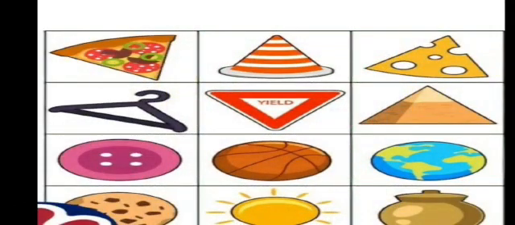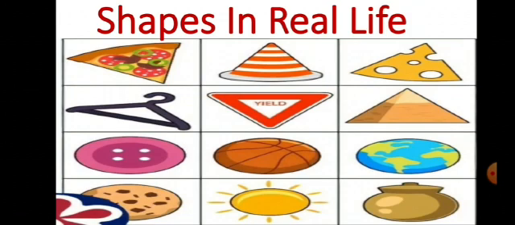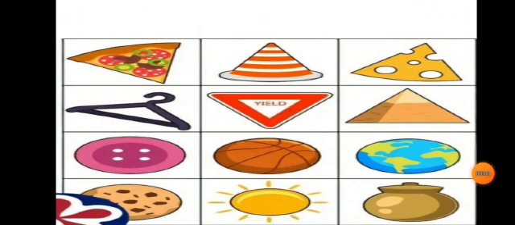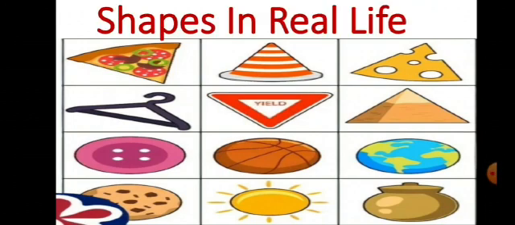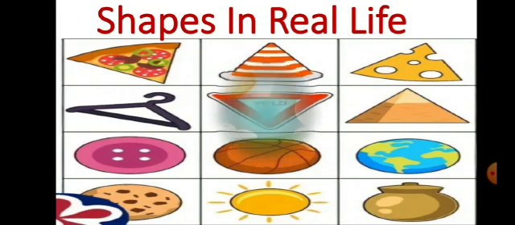All the shapes are different and beautiful. There are so many things around us and all the things are of different shapes. Well, my dear kids, today we will learn more about shapes. In fact, we will learn about 3D shapes.